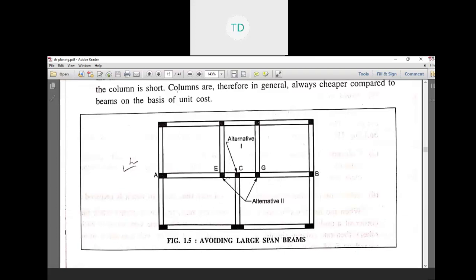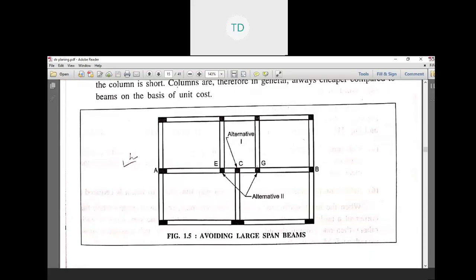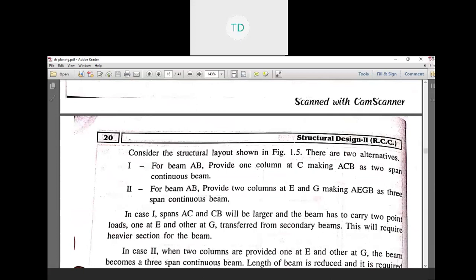In that case, we need to take a small column to support this big span beam. In that case, we can select two alternatives. Alternative first, in which we make only one column, and another with two columns, whichever is suitable and comfortable with design.